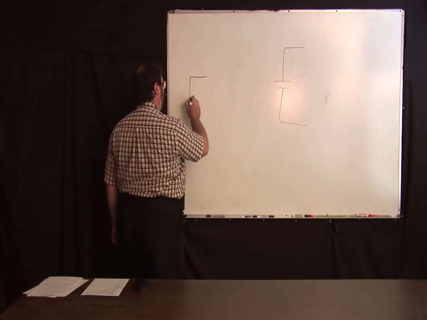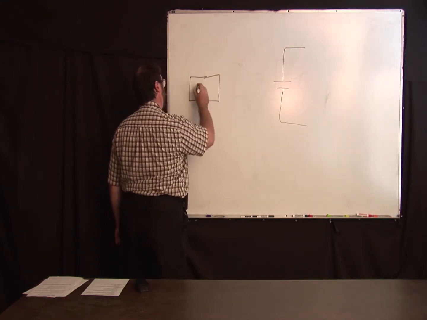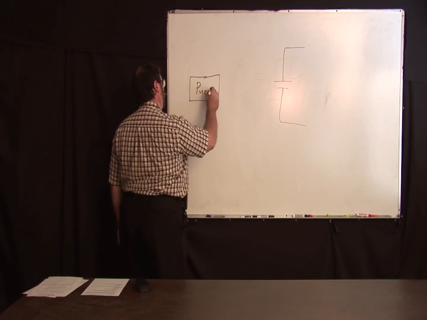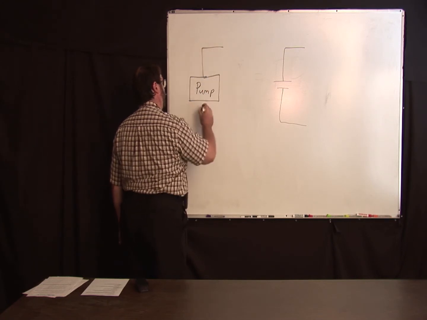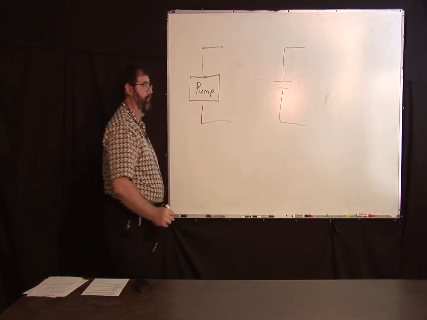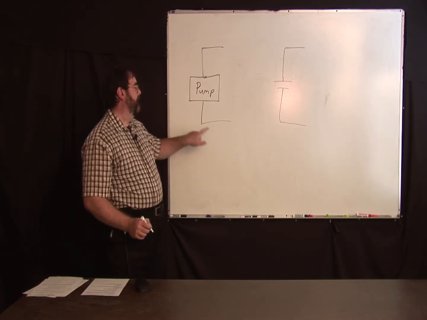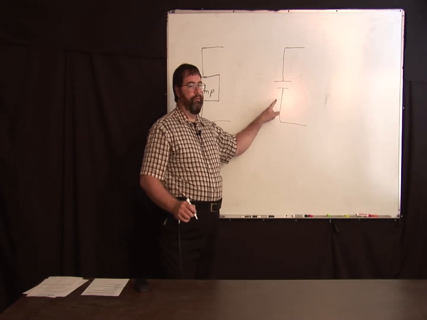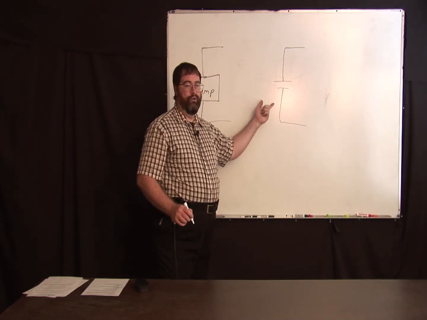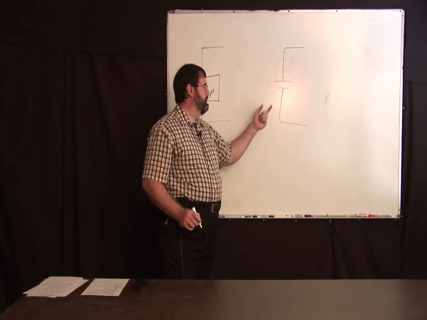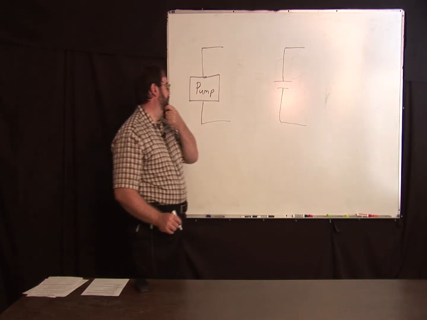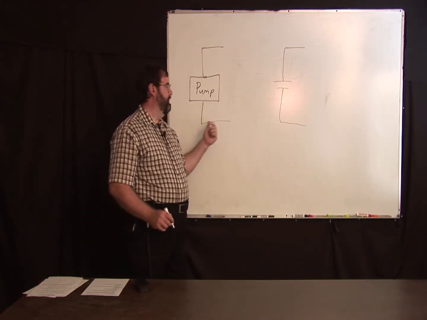Let's say this is a pump. It produces something called pressure, which is something like a force per unit area. Voltage is work per coulomb, or work per unit charge, but that's another story. It's analogous to pressure.